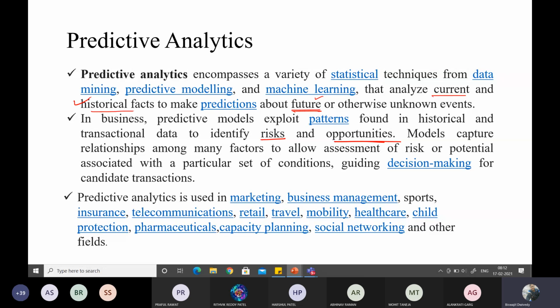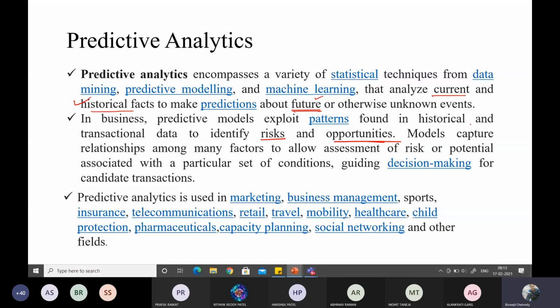Whenever you are going to launch some product or IoT solution in the market, we have to identify the risks or opportunities which will be coming in the near future, and according to that we have to take necessary steps. Those things can be found by exploiting patterns found in your historical data.